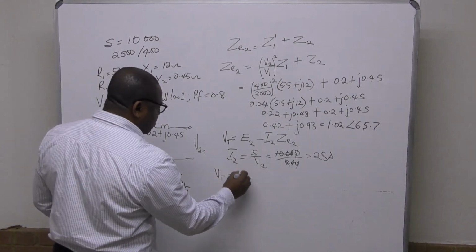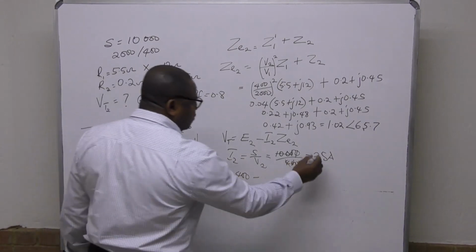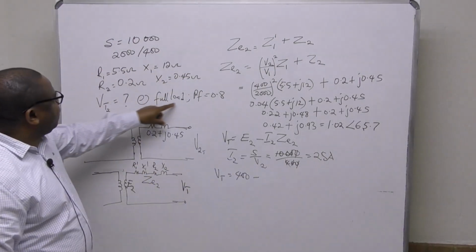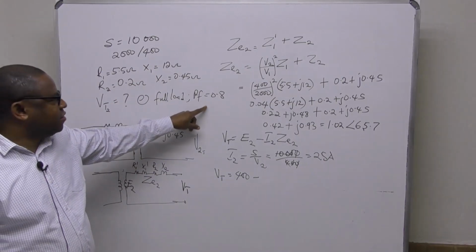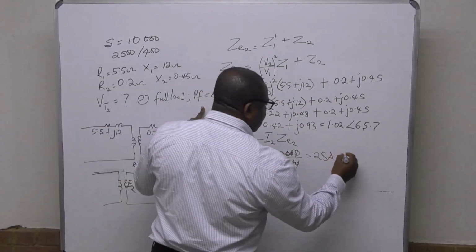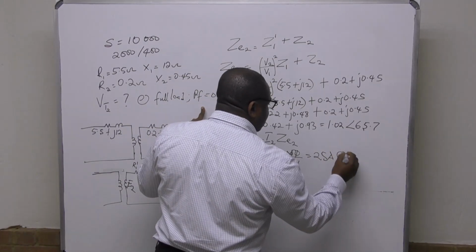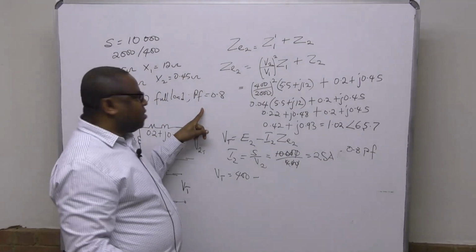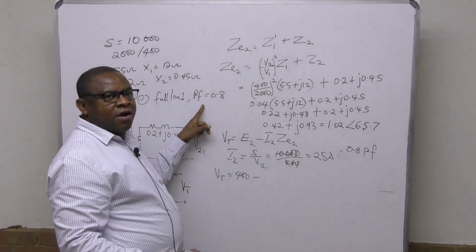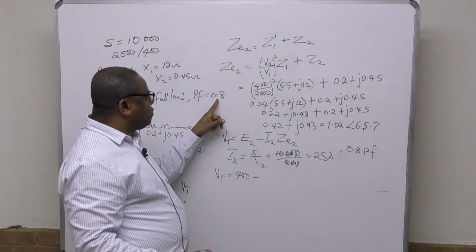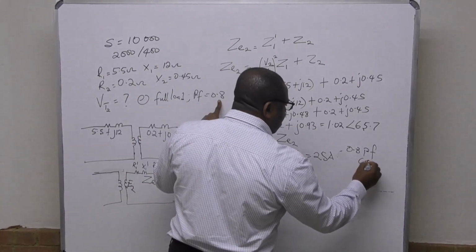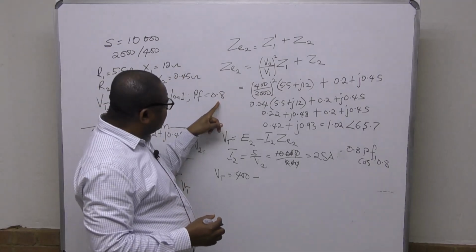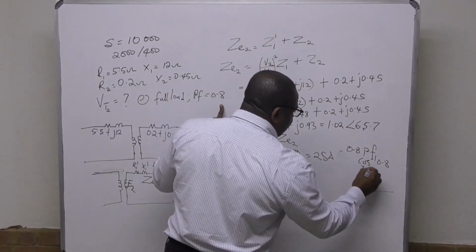Right? Then we can now substitute that V terminal is E2, 400, minus I2. But remember that this I2 is at full load with a power factor of 0.8. The arc cos of 0.8 gives about 36.87.